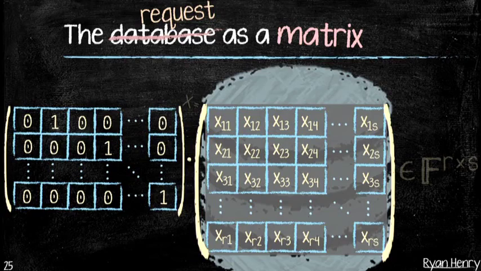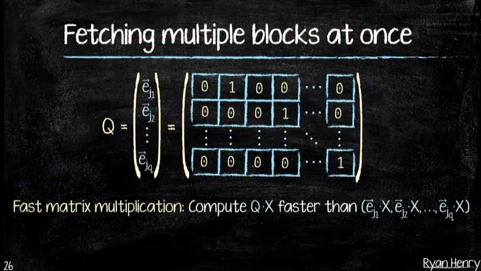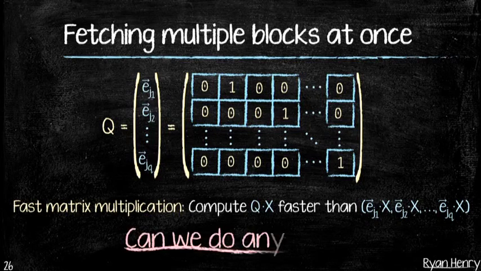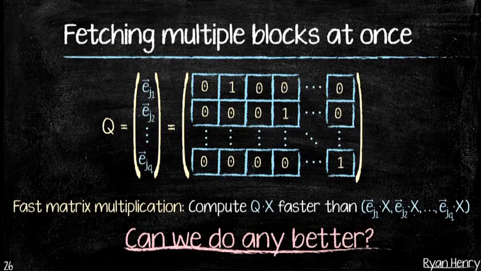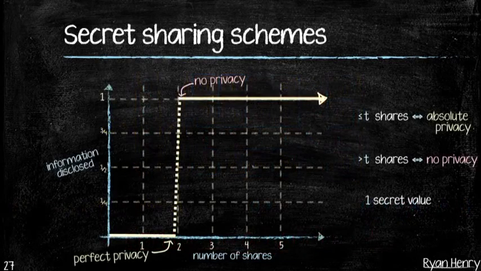And one immediate observation is that the cost of multiplying two matrices, if you use a fast matrix multiplication algorithm, is a little bit lower than the cost of doing each row individually. So we can save a little bit of computation cost, but the communication cost doesn't change, and the computation cost doesn't change too dramatically. So can we do better than this? And it turns out, yeah, we can do a lot better than this.